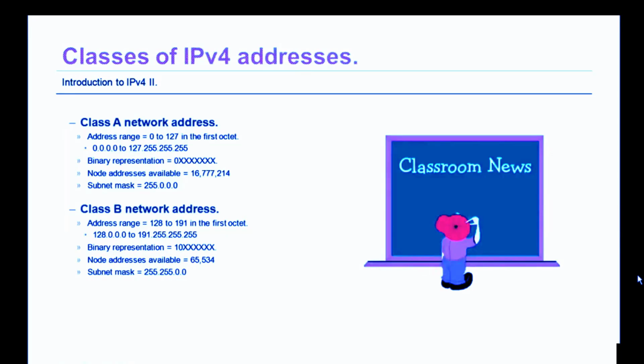We need to talk about classes of IPv4 addresses, and we begin with a Class A network address. Class A networks have an address range of 0 to 127 in the first octet. That gives us addresses from 0.0.0.0 up to 127.255.255.255.